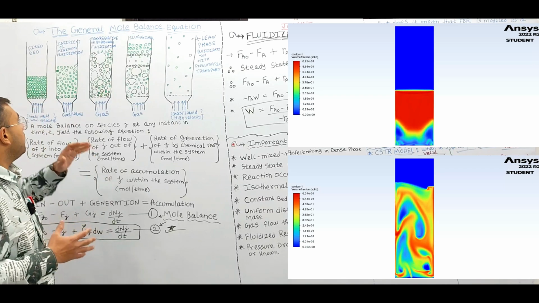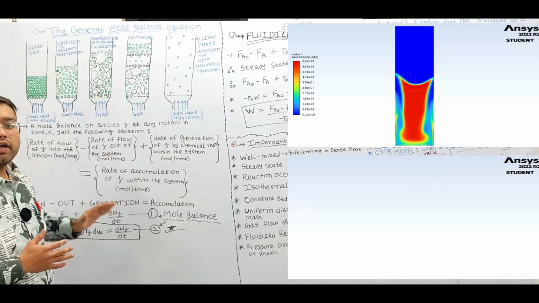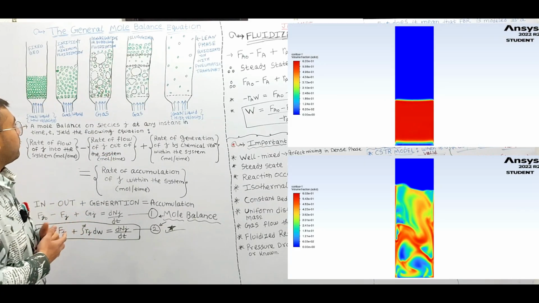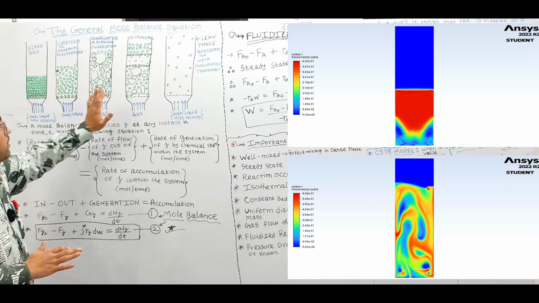And due to this, the emulsion phase of the fluidized bed reactor will behave as a perfectly mixed reactor or continuously stirred reactor, right? I hope up to here you have understood.